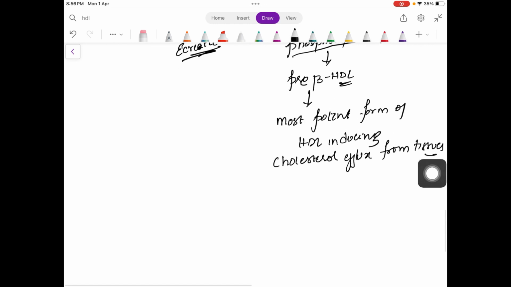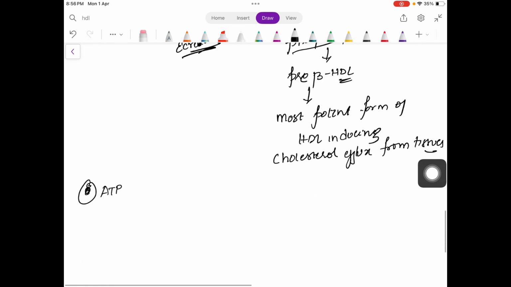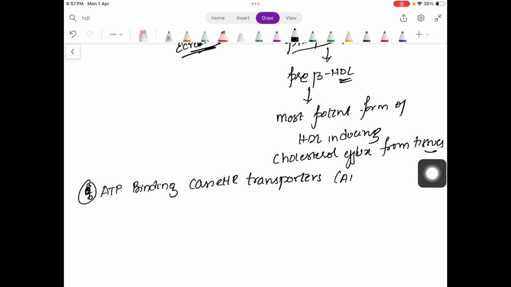Now we'll discuss about ATP binding cassette transporters. They are called ABC transporters.